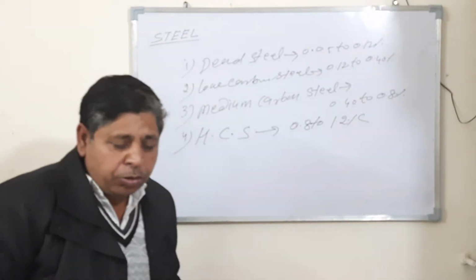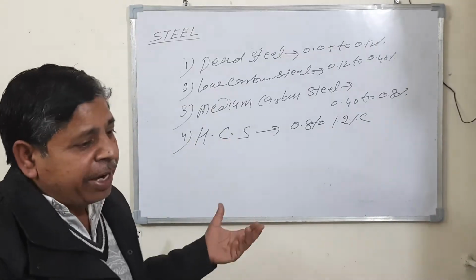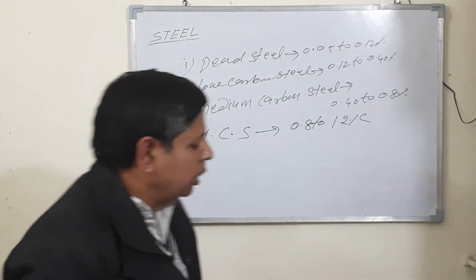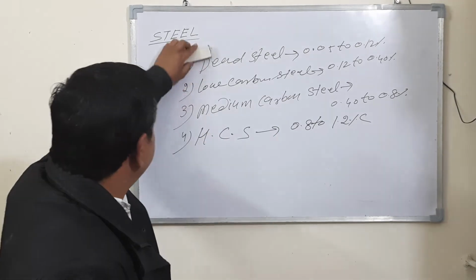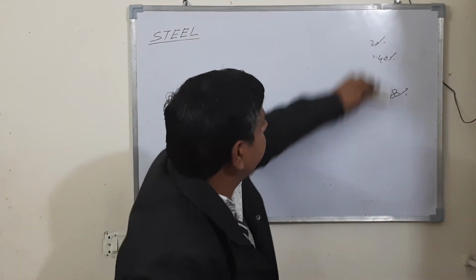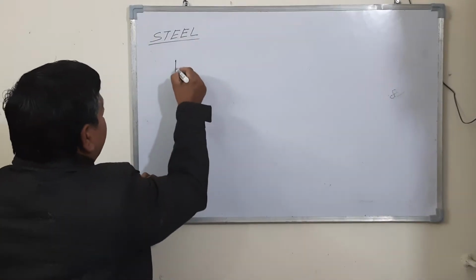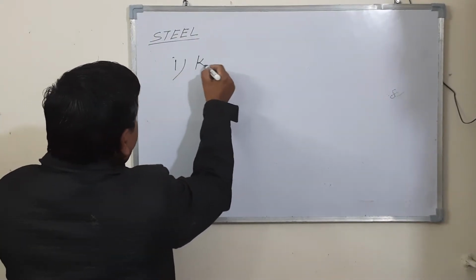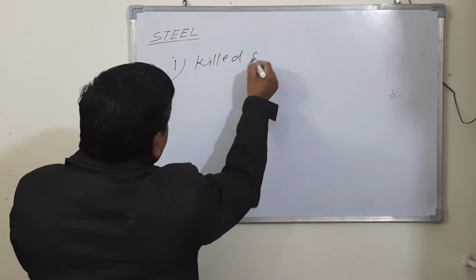Steel is also classified according to the degree of deoxidization. Number one is killed steel.